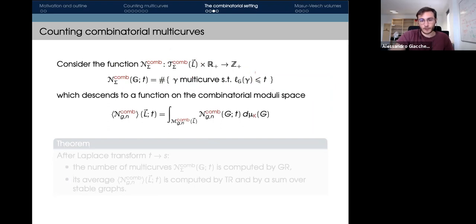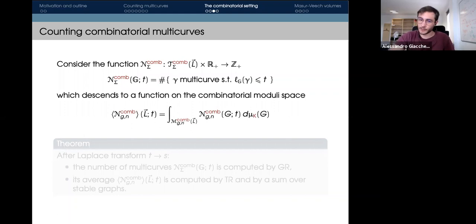The difference is that I'm counting multicurves with respect to another length function. But again, I can consider this function, it descends to the combinatorial moduli space, and I can integrate it against the Kontsevich volume form.